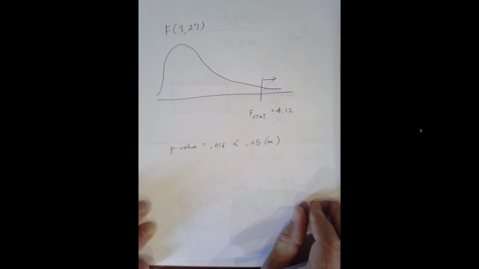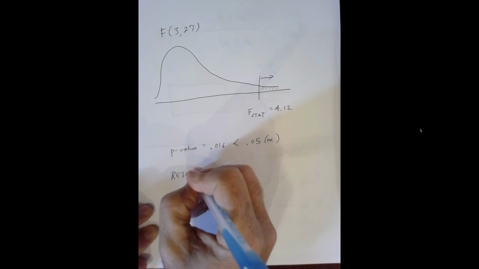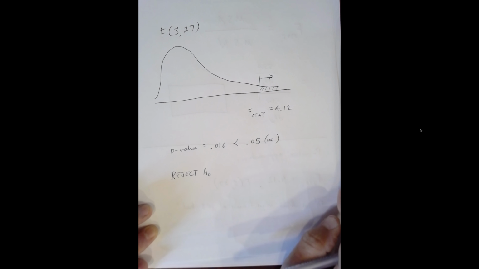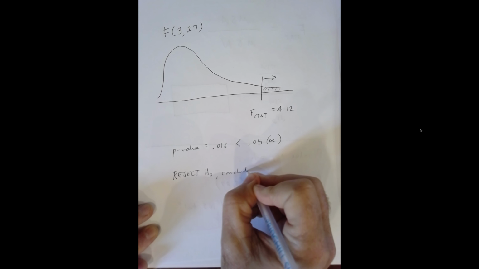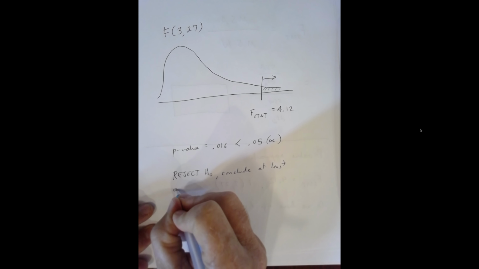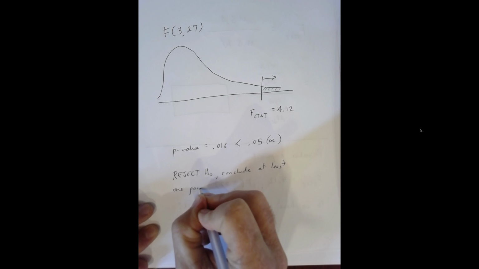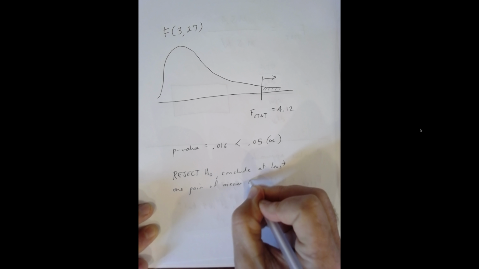So if this was an ANOVA problem that we're working, we would reject H sub 0. Conclude at least one pair of means is different.